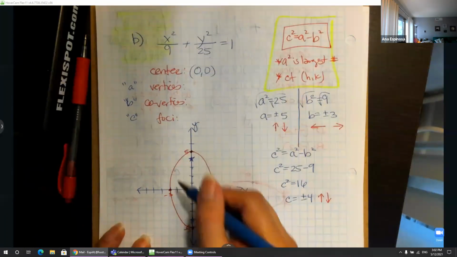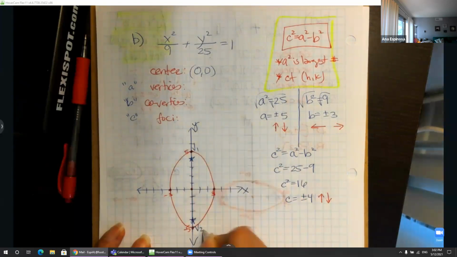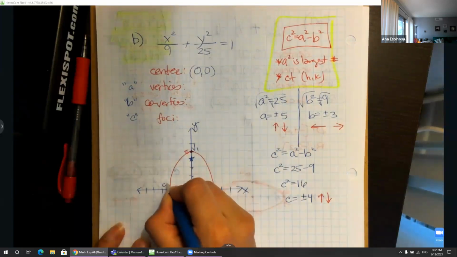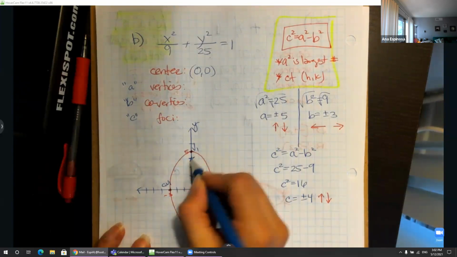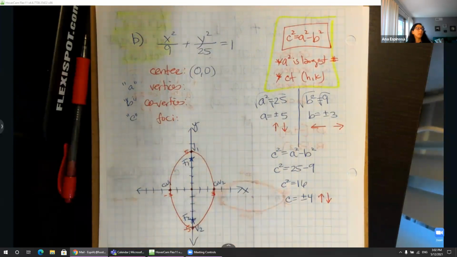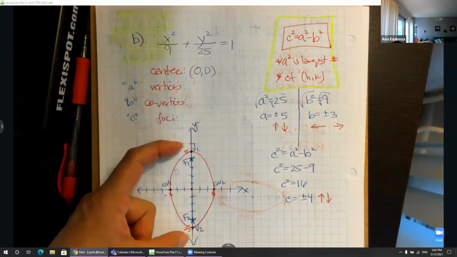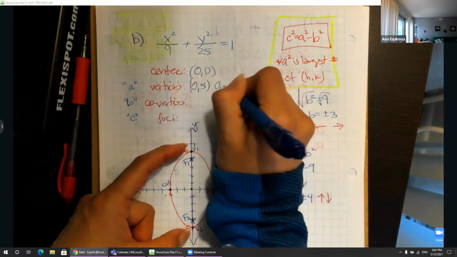The longest side is V1, V2. The shorter ones are co-V1, co-V2. And then these stars are F1, F2. And from there, you can then extract these points and put them here. So the vertices are the longest ones. They are (0, 5) and (0, -5).